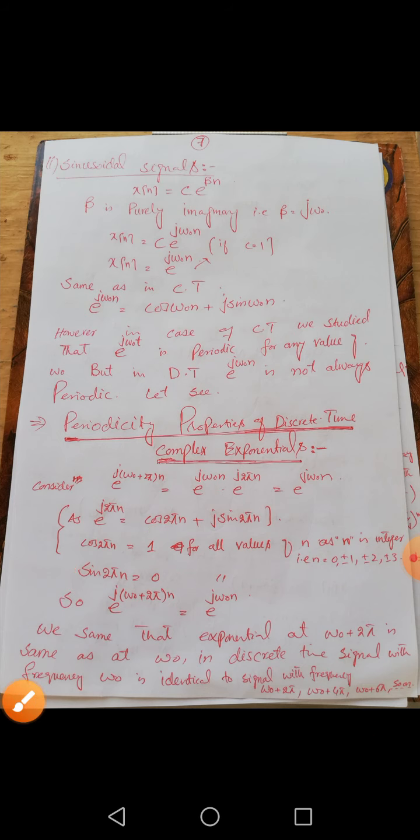Cos 2 pi is equal to 1, cos 4 pi is equal to 1, cos minus 4 pi is equal to 1, and so on. For any value of n, cos 2 pi n will be equal to 1 and sin 2 pi n is equal to 0. So e power j (omega naught plus 2 pi) n is equal to e power j omega naught n.